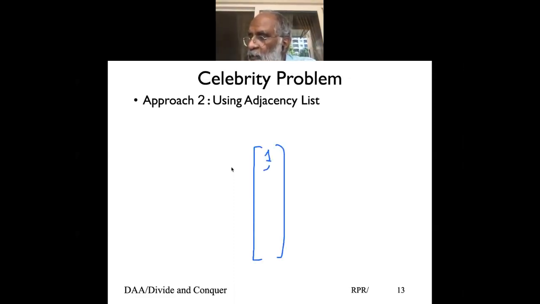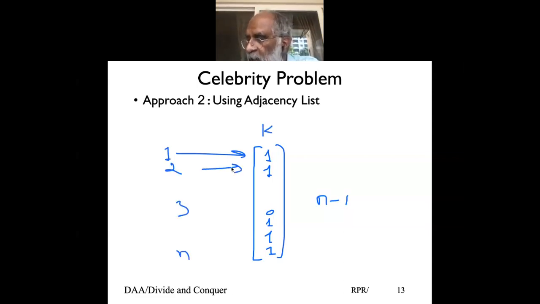If X was the celebrity, then except for himself, every other entry is 1, which means the sum of the column entries is n minus 1. This implies that person 1 knows K, person 2 knows K, person 3 knows K, person n knows K, where this person is K.